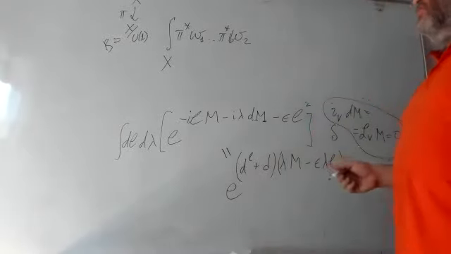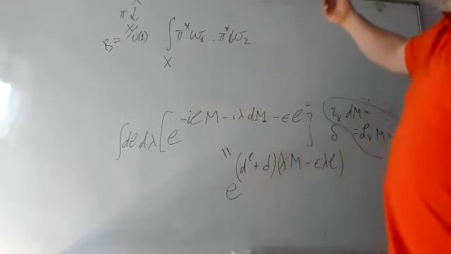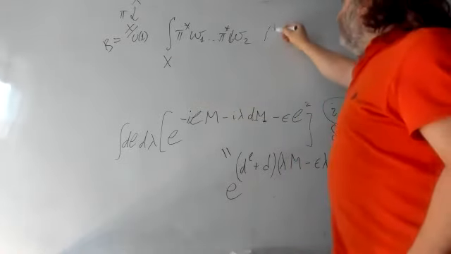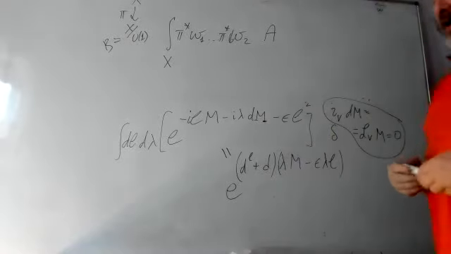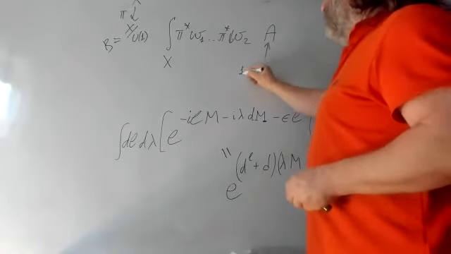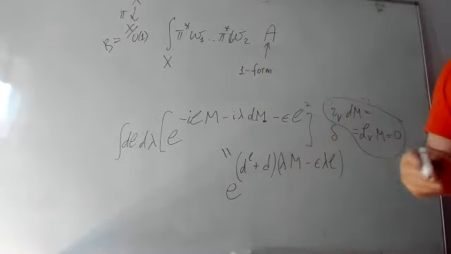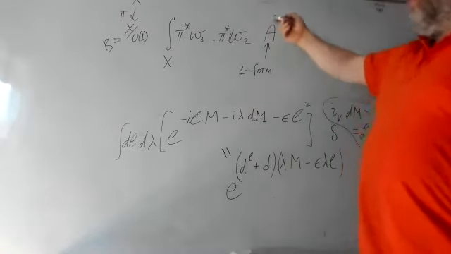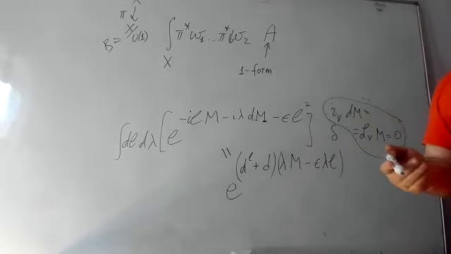So in order to integrate, I need to understand how to integrate along the fiber. And in this way, I use the differential form, in this case to be one form, that I call A. This form would help me to integrate along the fiber.